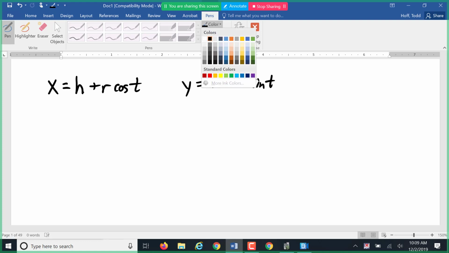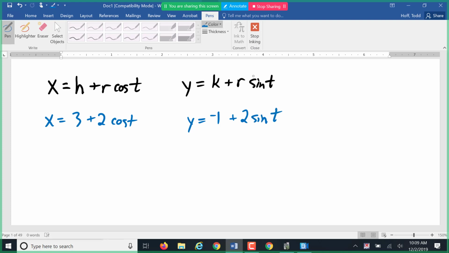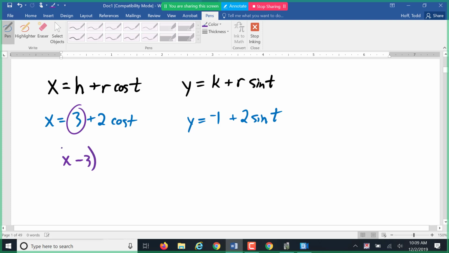And you'll notice in the equations I gave you up above, it was x equals 3 plus 2 cosine t, and y equals -1 plus 2 sine t. So I could just take this as a direct translation, that h is 3, so that's x minus 3 squared, and y -1, so that's y plus 1 squared, and r is 2, so r squared is going to be 4.